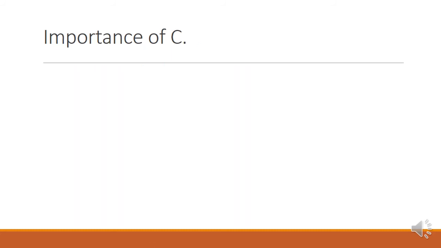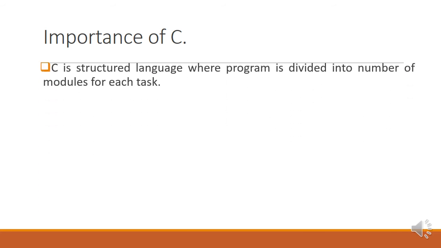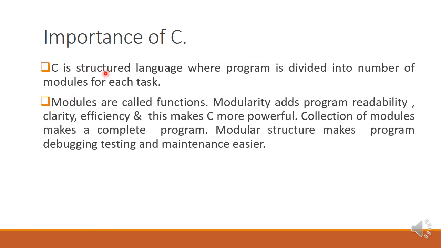Now let's move to the importance of C. Why it is so important and why you are going to learn the C language. First, C is a structured language. What do you mean by structured? The program is divided into a number of modules, one for each task. Structure means one big work is divided into many, which are called modules.